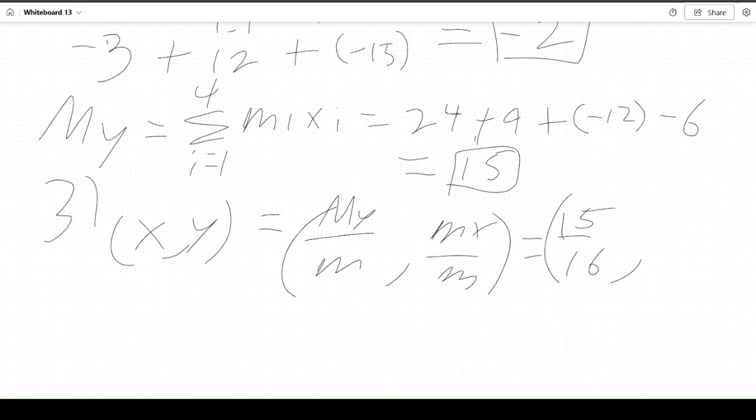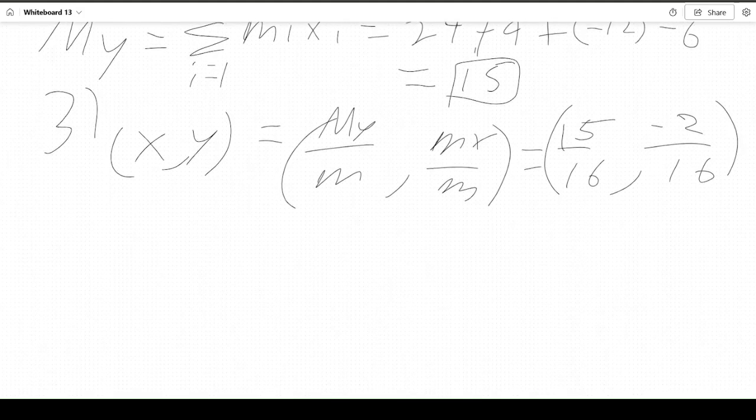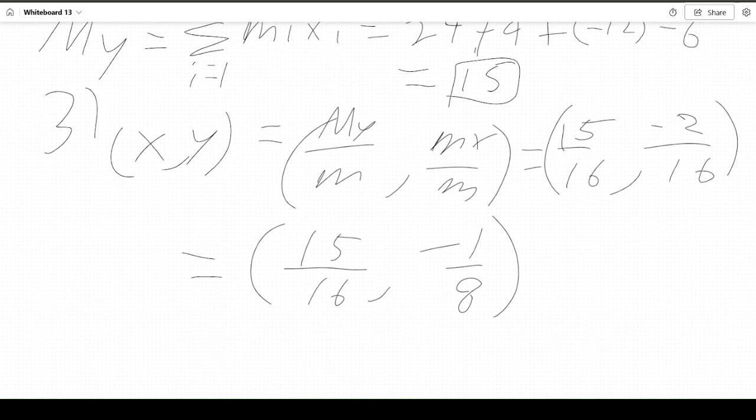And our mx was -2. Masses was 16, but we can simplify that further. So that would be -1 over 8, and this is our final answer for the question.